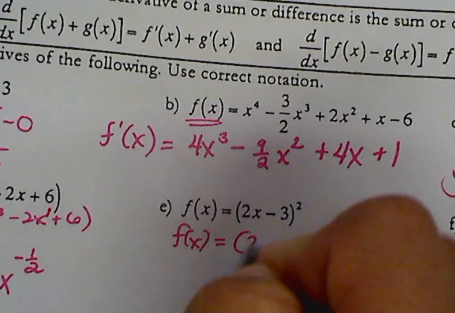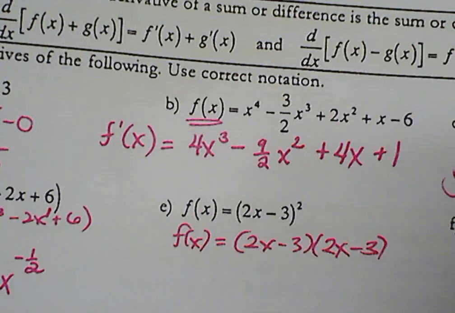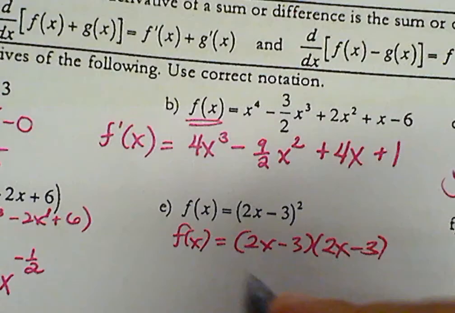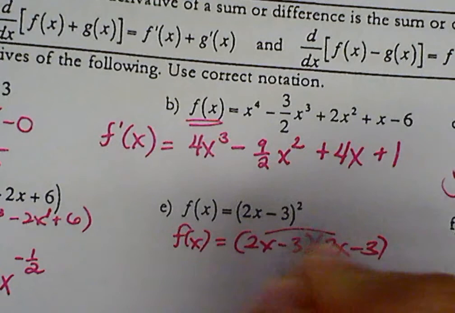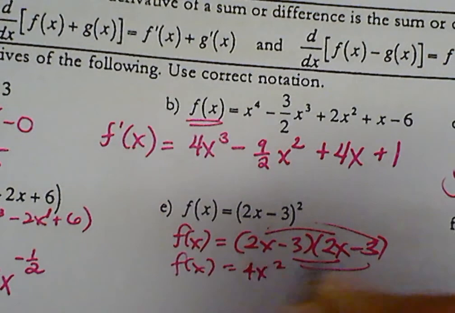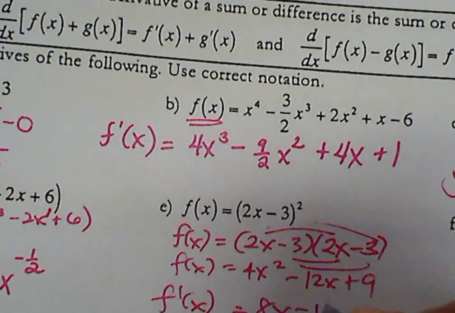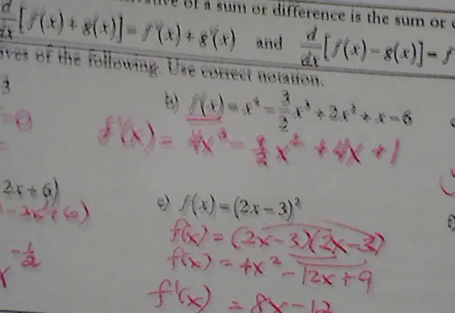We cannot just put the power in the front, no, because that only works for x to a certain power. So then we're going to distribute that. So f of x equals 4x squared minus 12x plus 9, and so f prime of x is going to be 8x minus 12. Right?